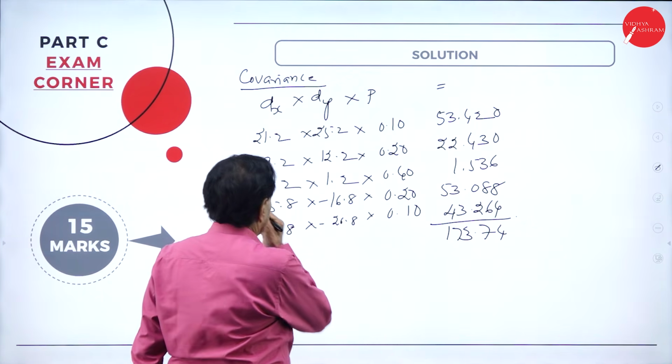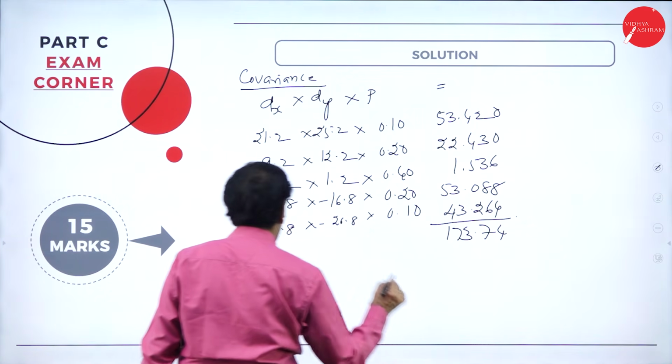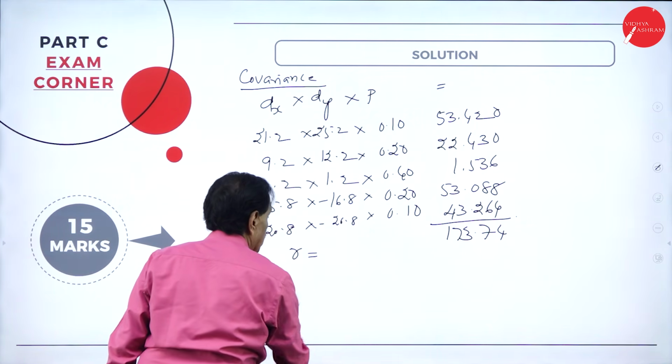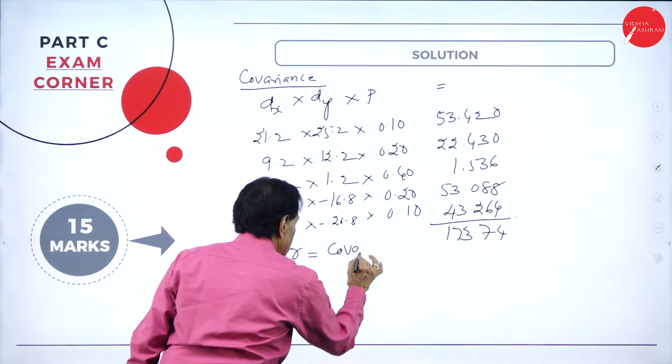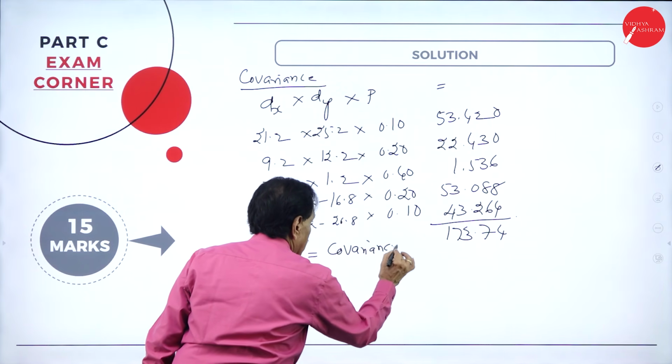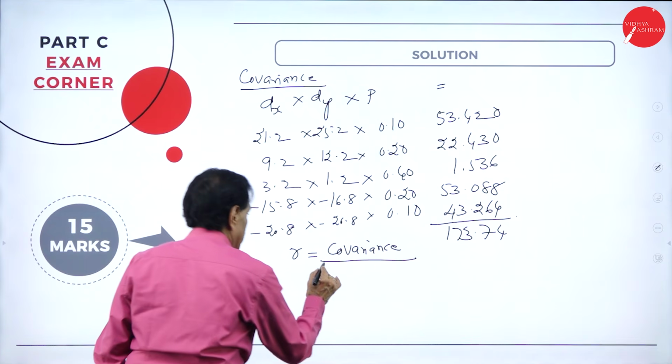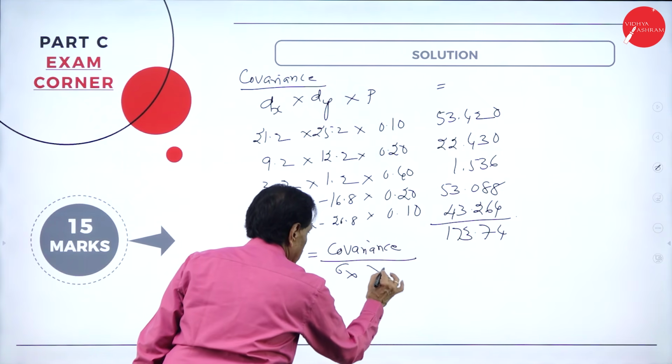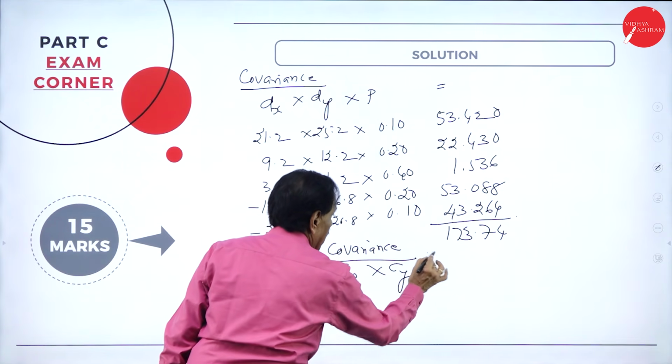Covariance. So covariance is this. R is equal to covariance divided by standard deviation of x into standard deviation of y.